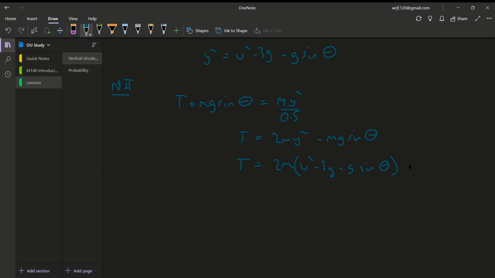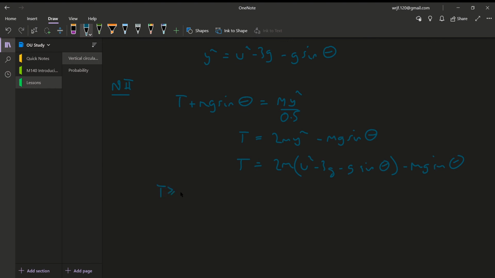And then we've got to subtract the mg sine theta as well.